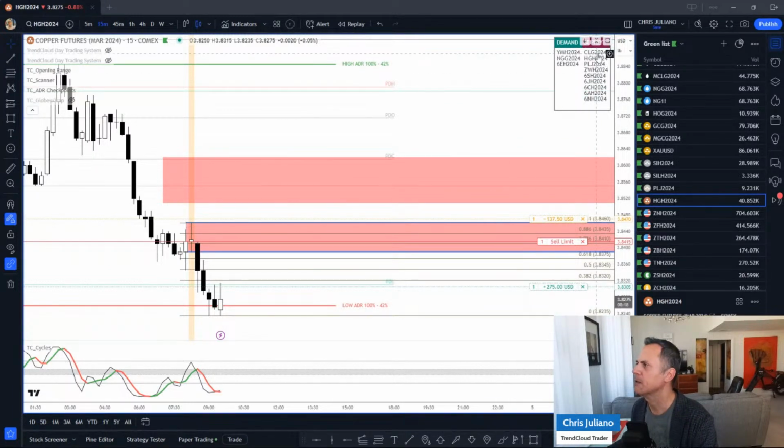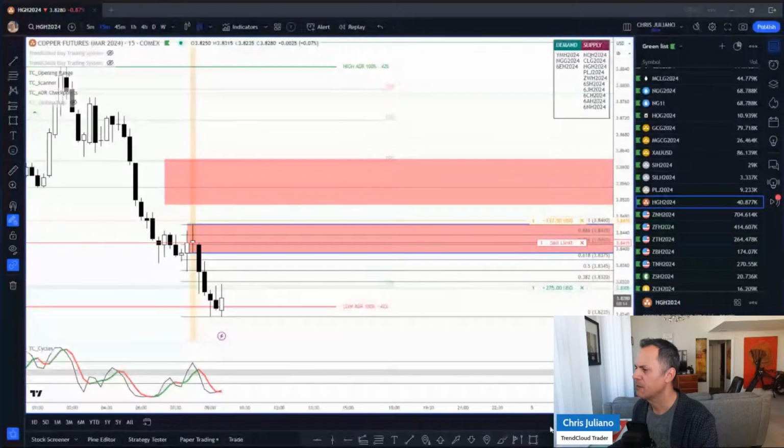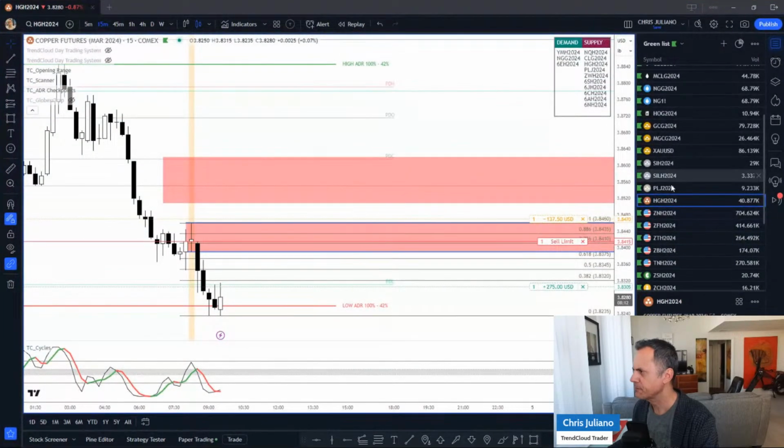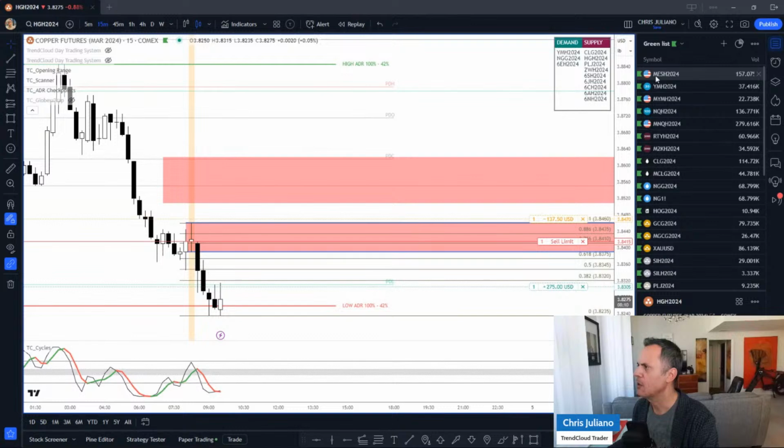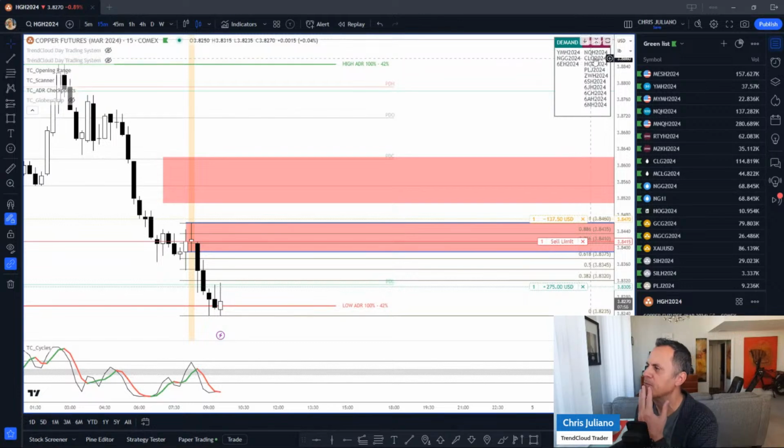All right, let's see. Okay, it is 9:36. Let's check out the open. We've got no indexes up here as of yet. The NASDAQ is flashing back and forth here between up and down, right? It looks like it's trying to break to the downside.